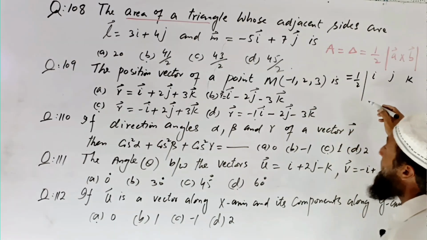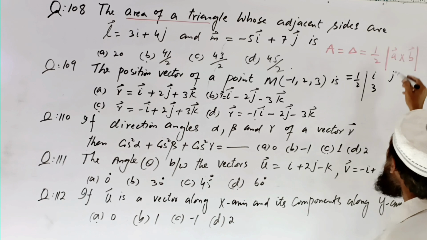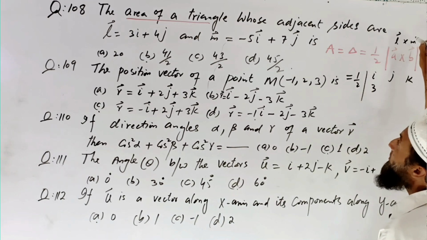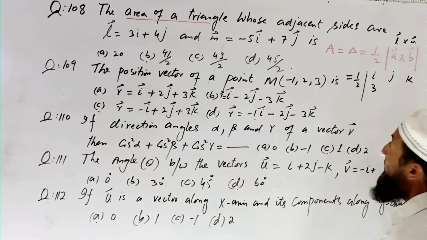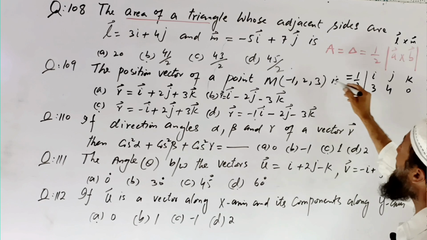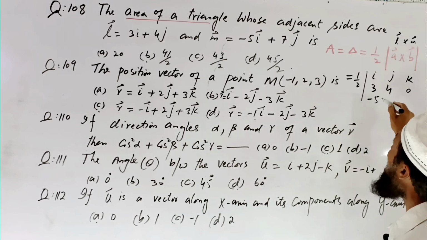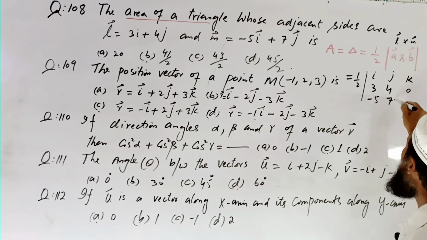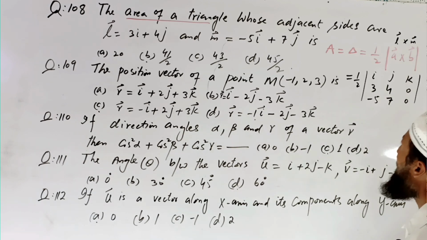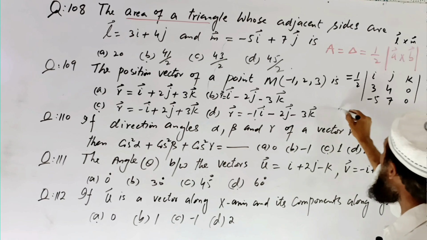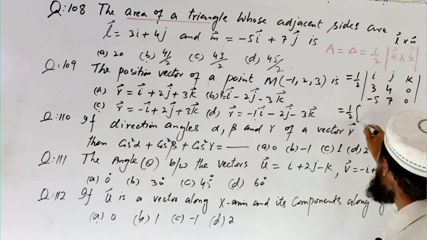The first value is 3, and here l and m are used. 3 plus 4 and 0, and here minus 5 and 7, and 7 is equal to 0. So if we expand by the first row, what is the result?